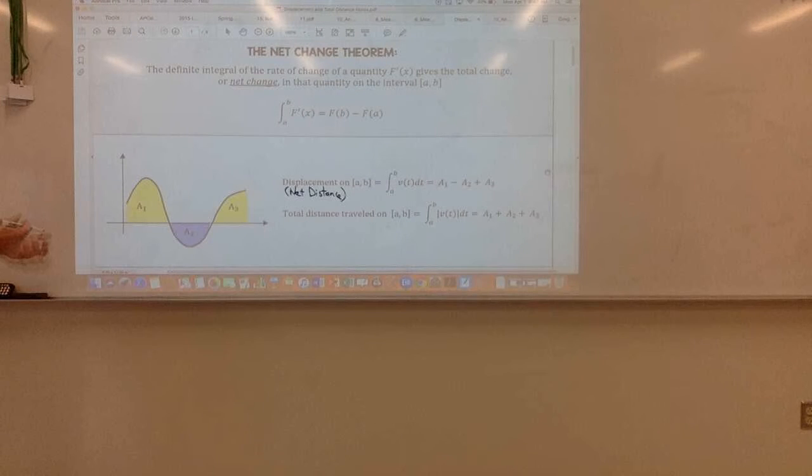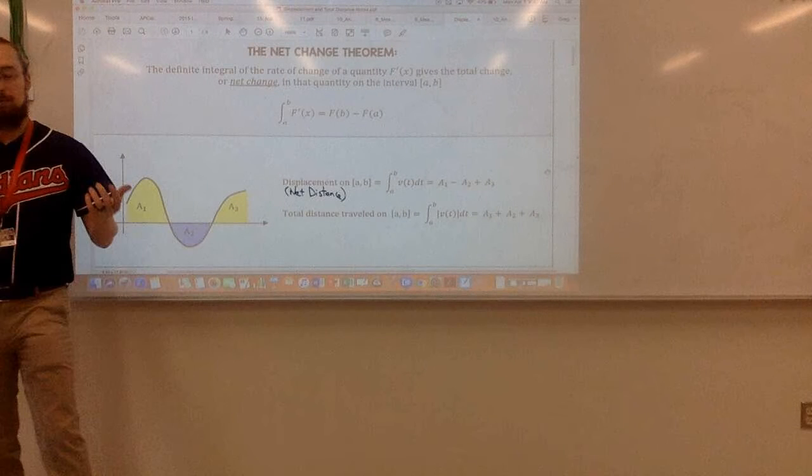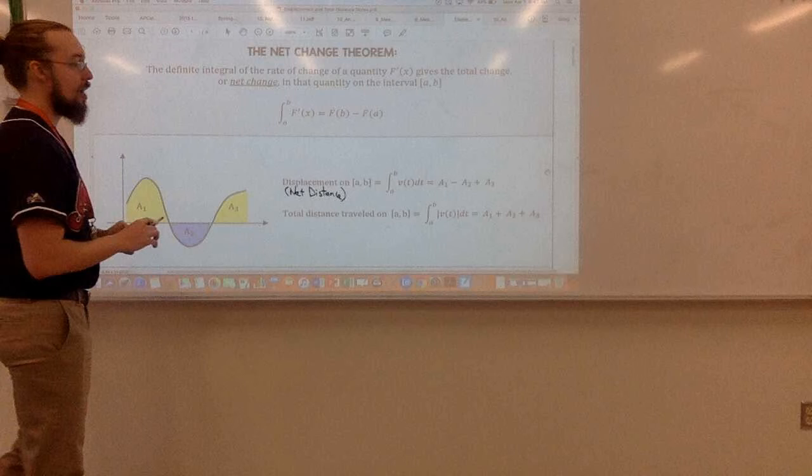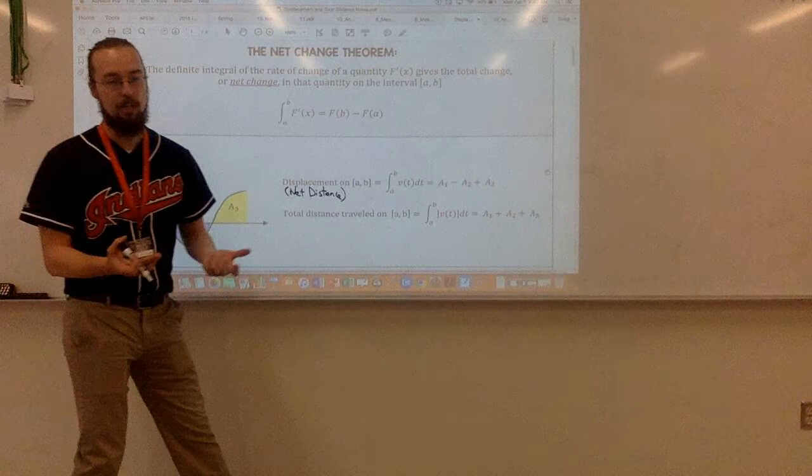To get total distance traveled, I would integrate the absolute value of velocity. So that's the key difference here. To get displacement, or net distance, we just integrate velocity. To get total distance traveled, we integrate the absolute value of velocity.